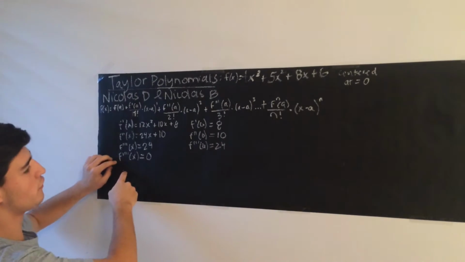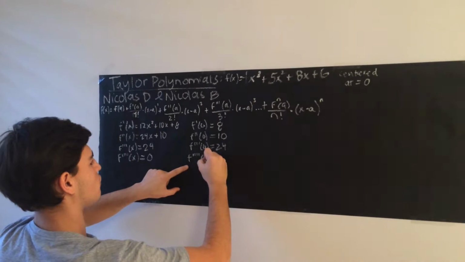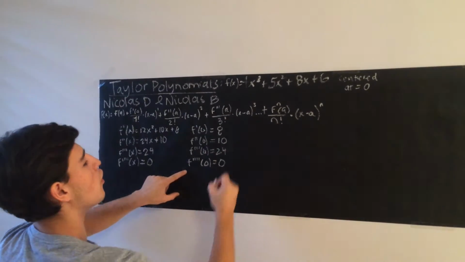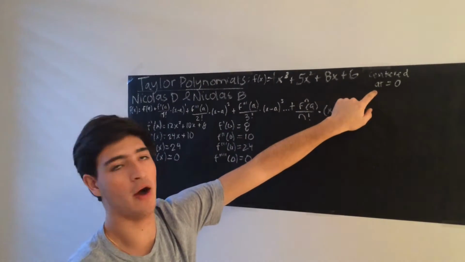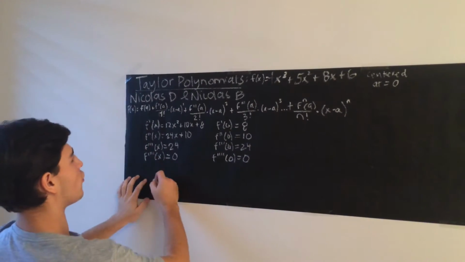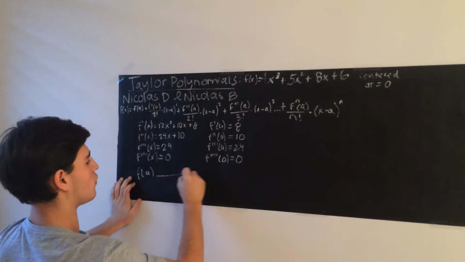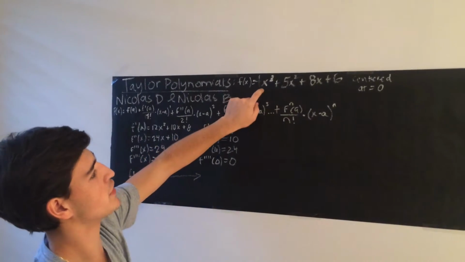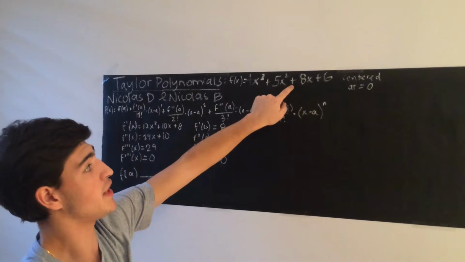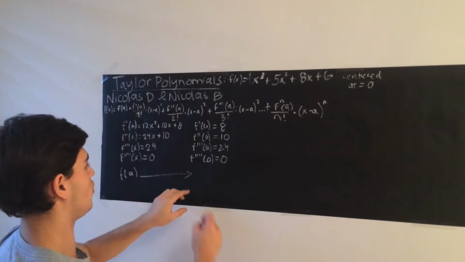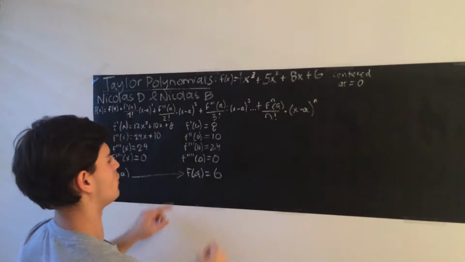And obviously the last derivative, the fourth derivative, will be 0. Now we need to include our original equation and plug in our point, which is 0. So our original equation, which is f of a, would equal 4 times 0 cubed plus 5 times 0 squared plus 8 times 0 plus 6. So f of a would equal 6.